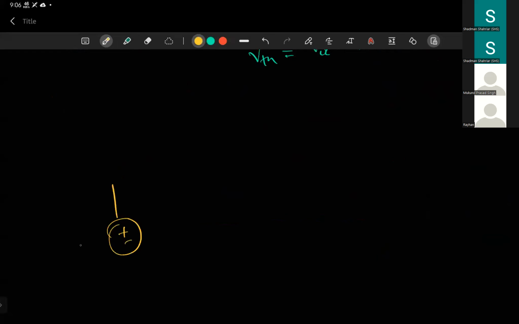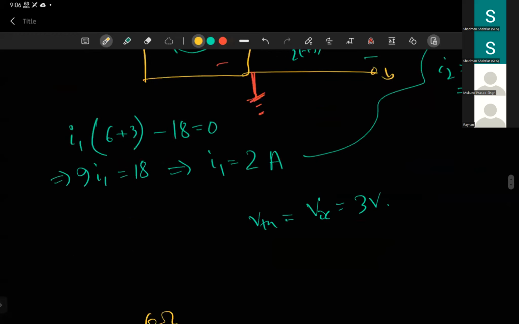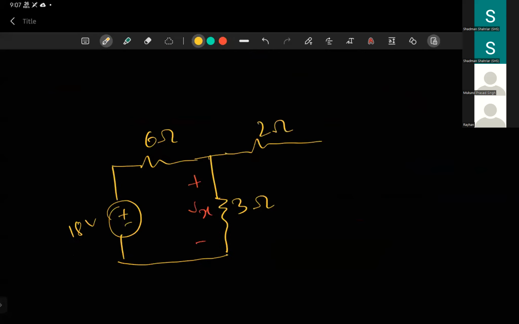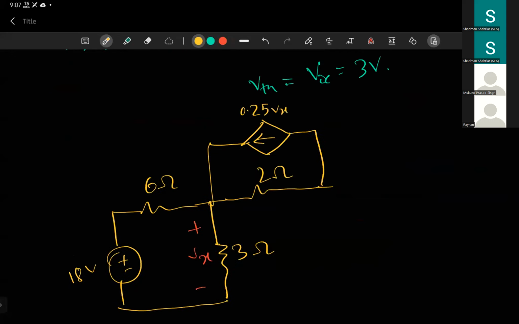We had a 3 ohm resistor, 2 ohms, and we have a current source 0.25 Vx, node A, node B, and you have to find VOC.